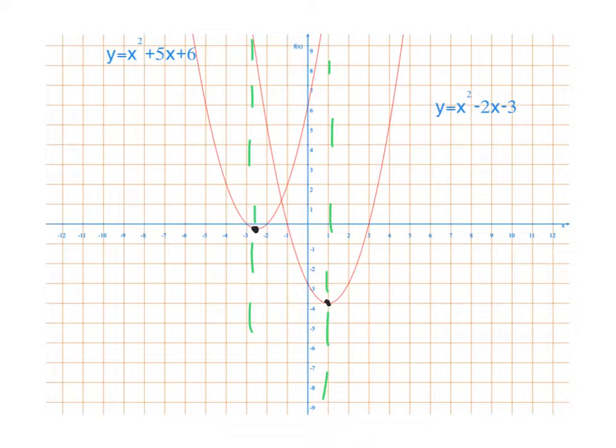Okay, so as we look at the equation of either one of these problems, we can tell that we have the same structure. And the structure of a quadratic equation is a standard form. In this particular case, we're written in standard form, which is the same thing as y equals ax squared plus bx plus c.